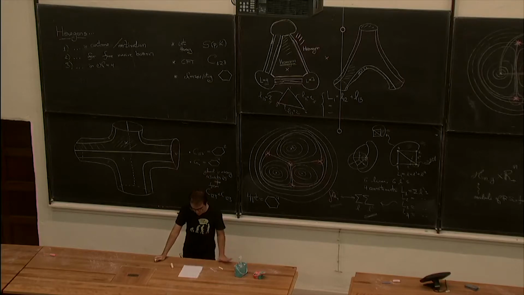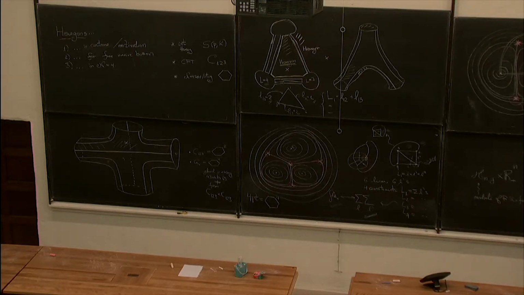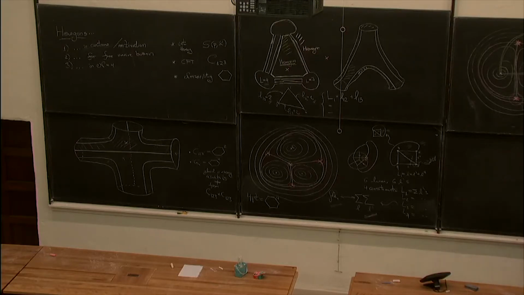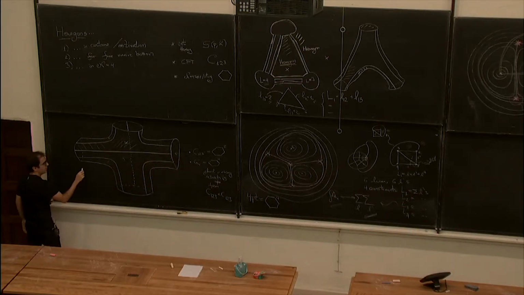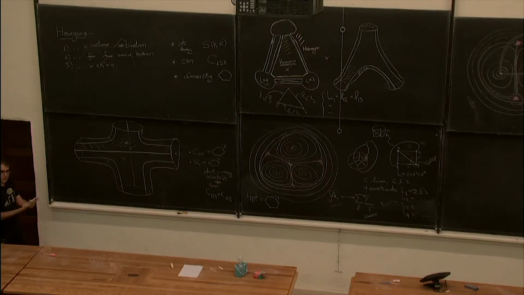Okay, so let me continue drawing some pictures, and as I said, tomorrow we will start computing with these guys. Let me point out what is going to be the basic idea to compute this correlation function. We decompose into these hexagons, but then we have to glue them back together.